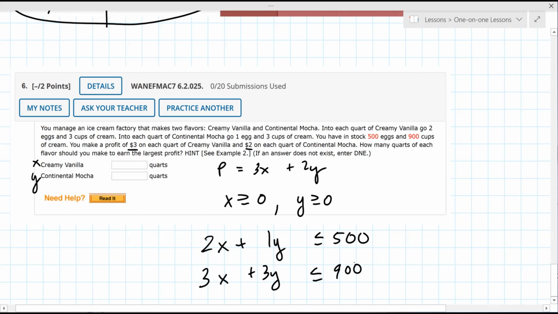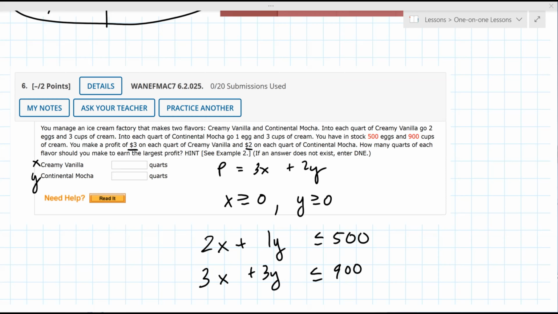So let me graph that, and then I'll snip in the feasibility region so you can see what it looks like. Right. So this, and then we get x greater than or equal to 0, y greater than or equal to 0. Okay. So there's again 4 points.